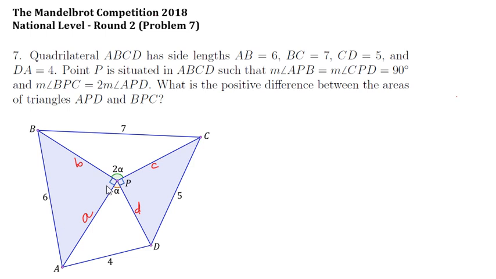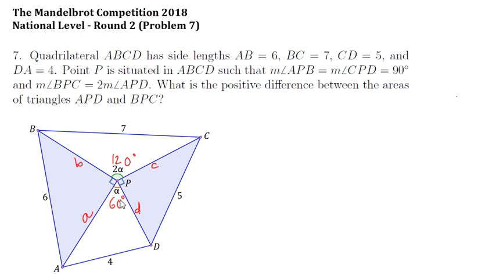Take note that we have two right angles here, and the whole angle is 360 degrees. And so the sum of angles BPC and APD must be 180 degrees. Since this angle is twice the other angle, BPC must be 120 degrees and angle APD must be 60 degrees.